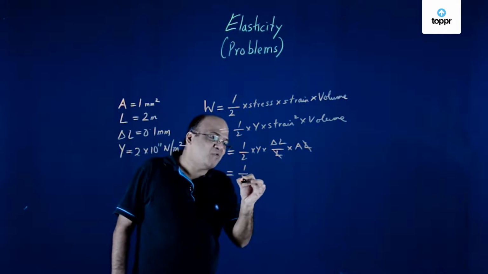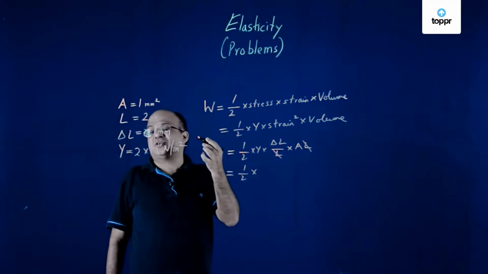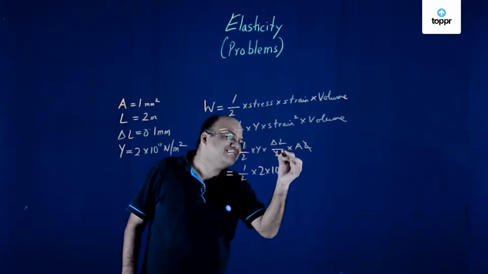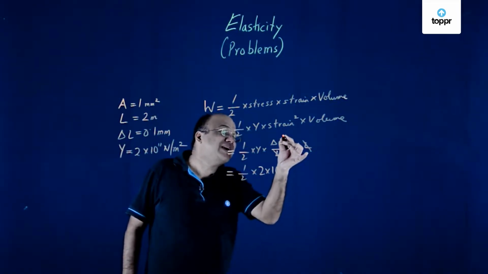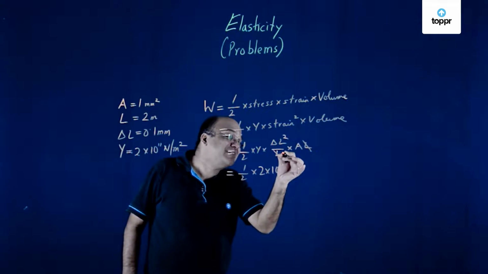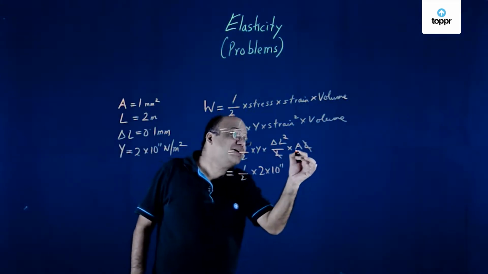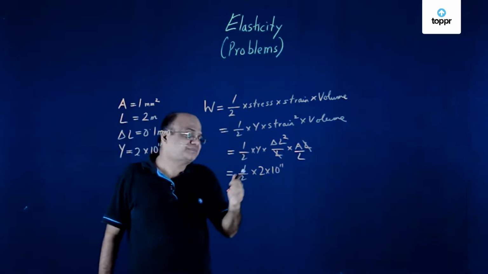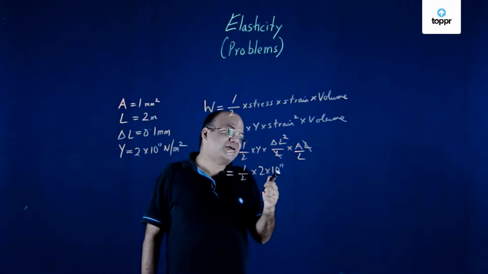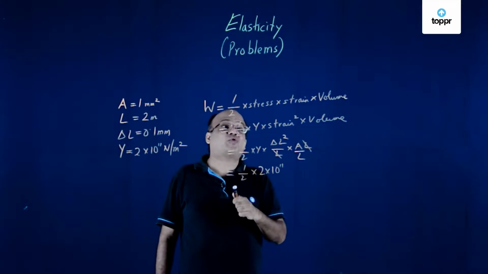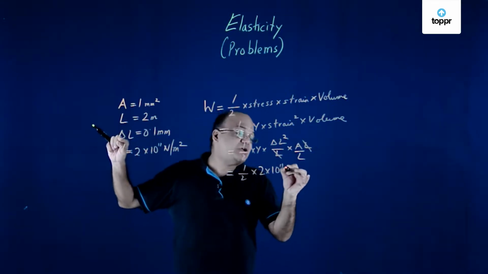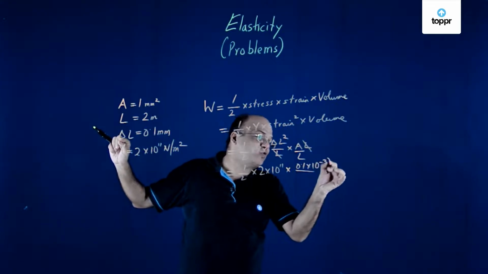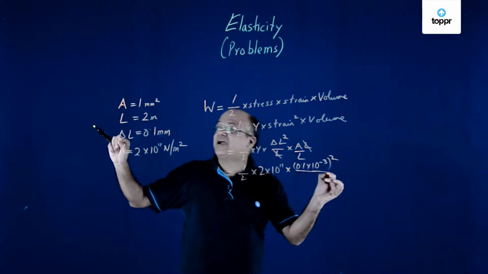Half Y. Y is 2 into 10 to the power 11. And this delta L will be squared, right? By L squared. So one more L will come here. So we'll get 2 into 10 to the power 11, and delta L squared. So delta L will be 0.1 into 10 to the power minus 3, which gets squared. Divide by length.